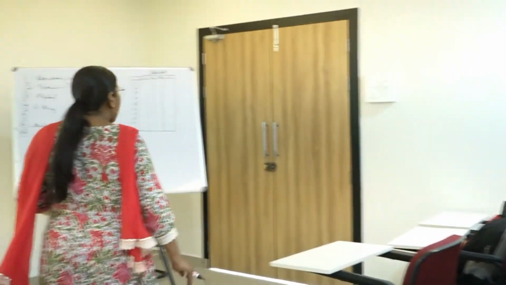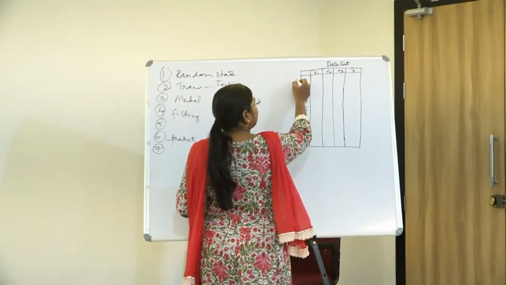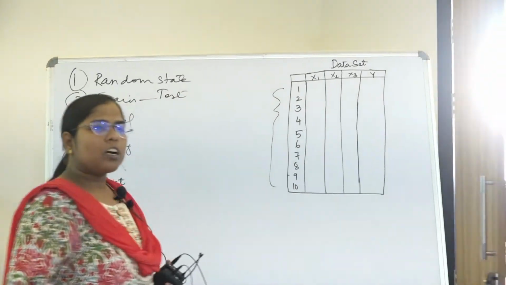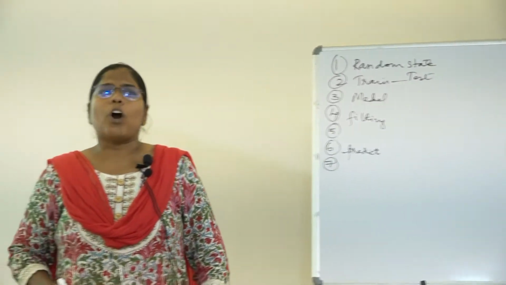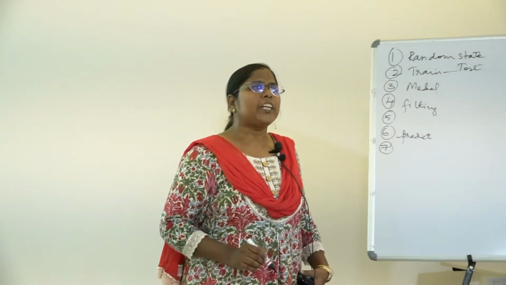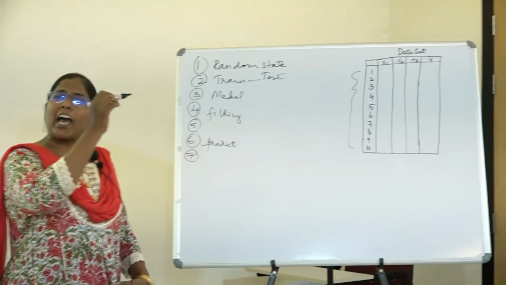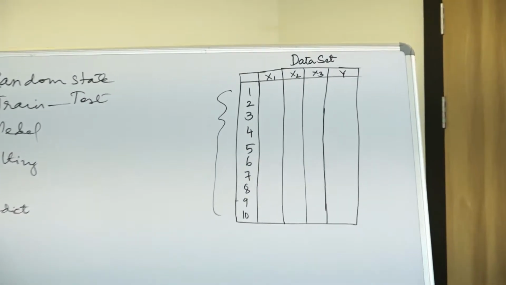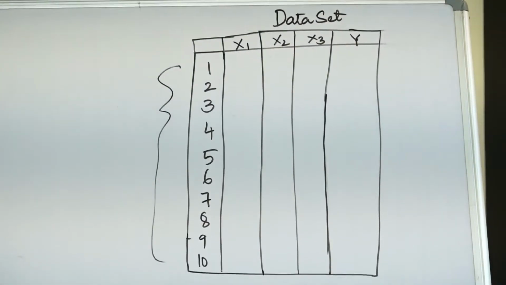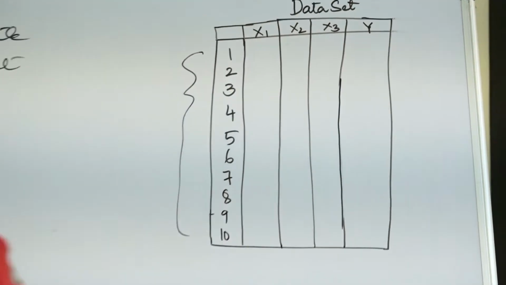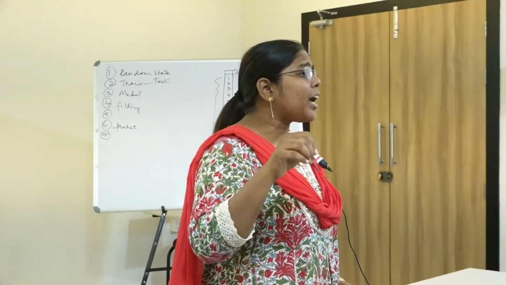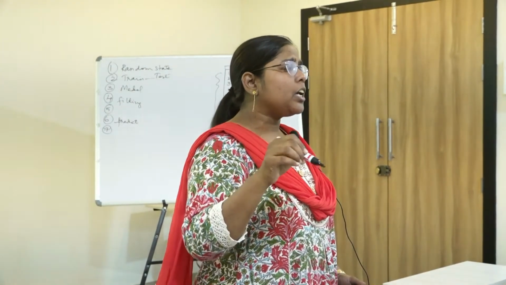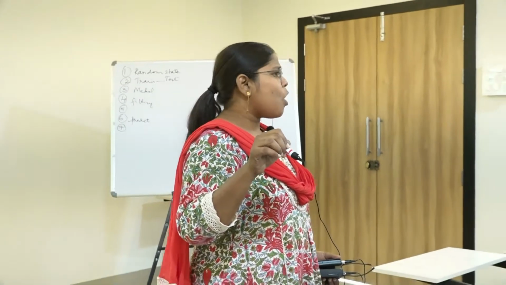Now, when I have data of 10 instances, rows are called instances, and columns are called attributes or features, and the last column we call the outcome or actual outcome.